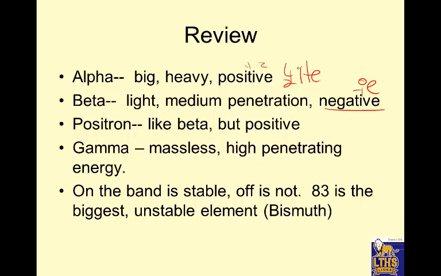They can get through a little more because they're a little lighter with more energy. Positron, I didn't say it in the video, but, well, I'm saying it now. It's just like a beta particle, except it's a positive instead of a negative. Right? Gamma is massless, and it has the highest penetrating ability, so it takes the most to shield it.